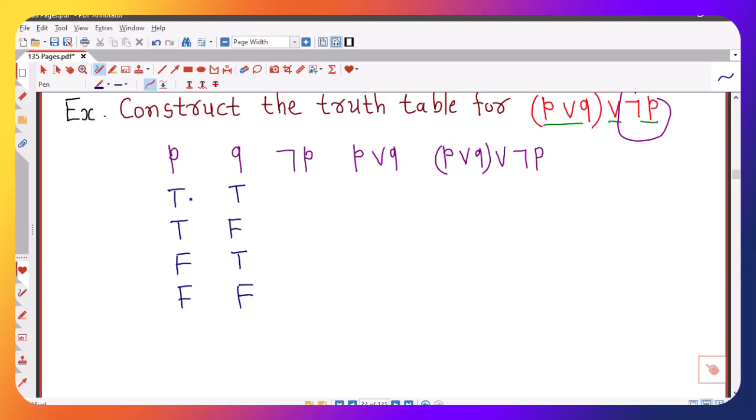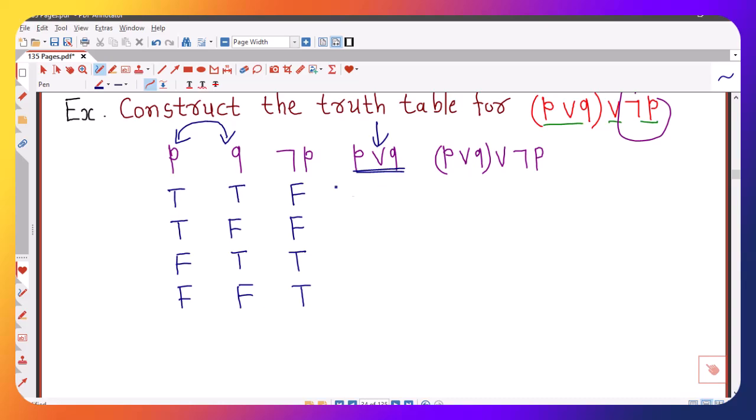Negation of P has a truth value which is opposite to statement P. So here I have T, T, therefore negation of P has truth values F, F. And when P is false, negation of P is true. And then here I have to take the disjunction of P and Q, and whenever we have P or Q, it is true if at least one is true.